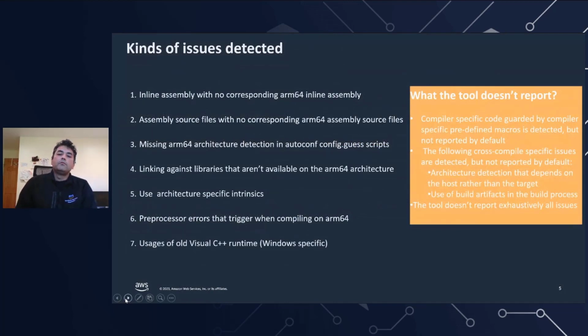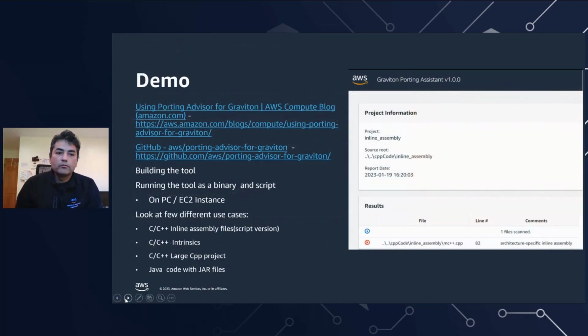So if you are using anything like an x86 host and a build process uses a script which actually detects the kind of host, that will not be as you want that to be the case. Finally, as I mentioned, it's not exhaustive in finding all possible issues. So I'm going to do a quick demo of the tool.